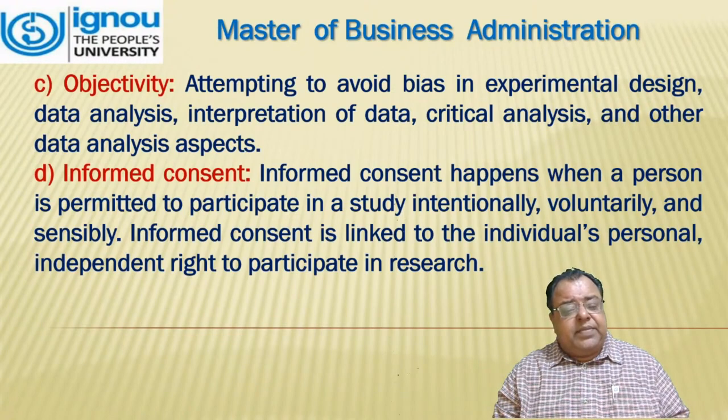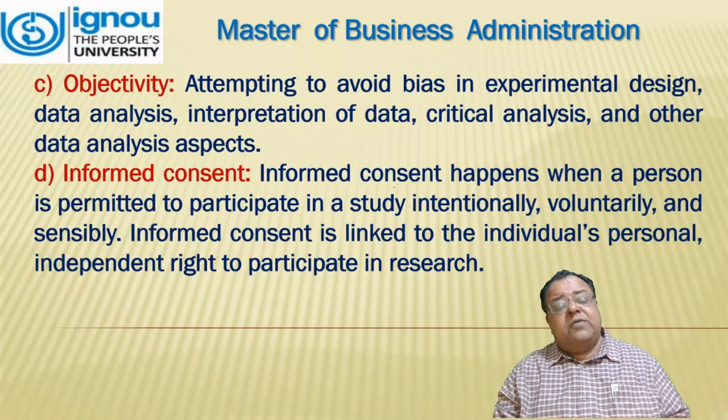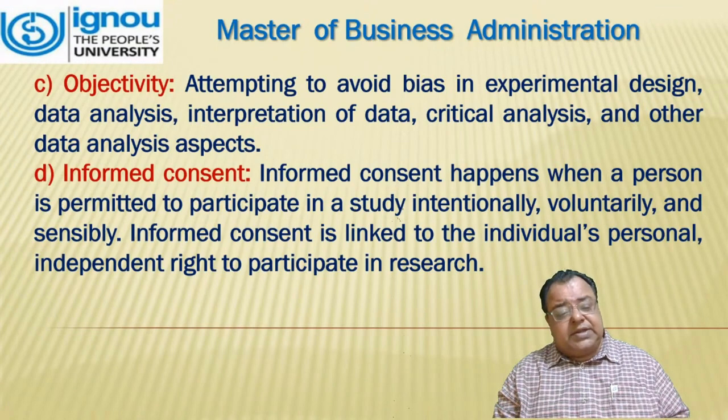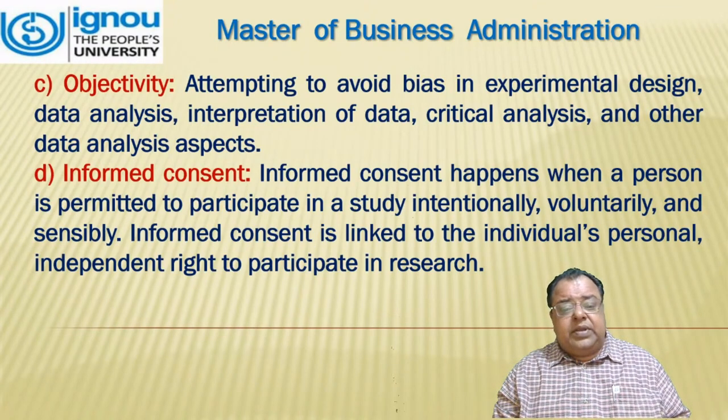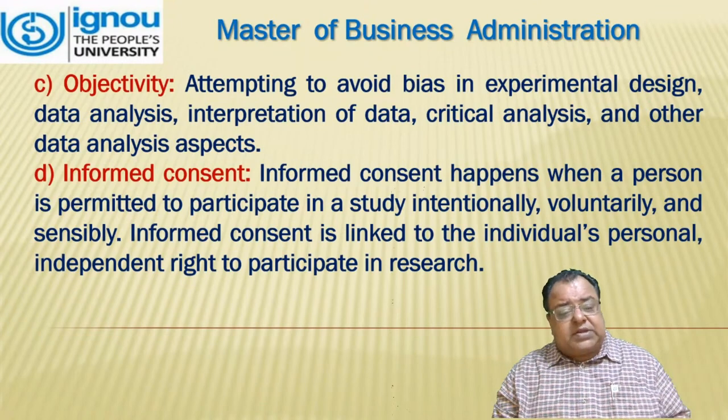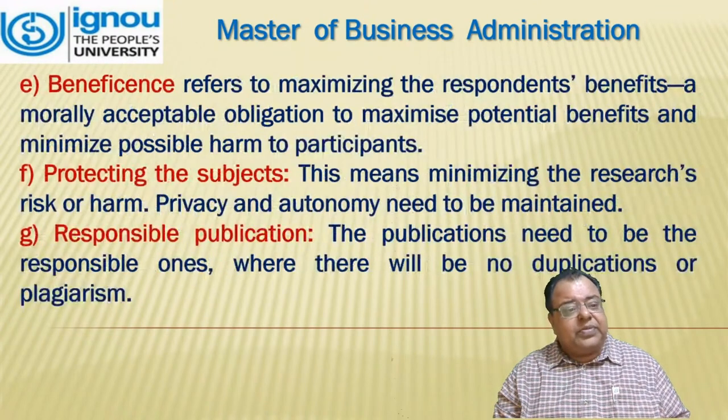Informed consent. Informed consent happens when a person is permitted to participate in a study intentionally, voluntarily, and sensibly. Informed consent is linked to the individual's personal independent right to participate in research.